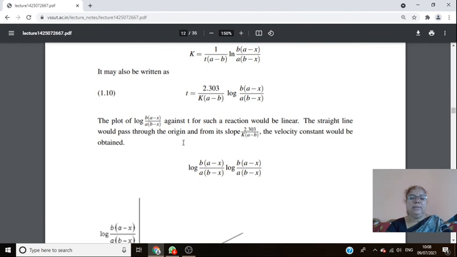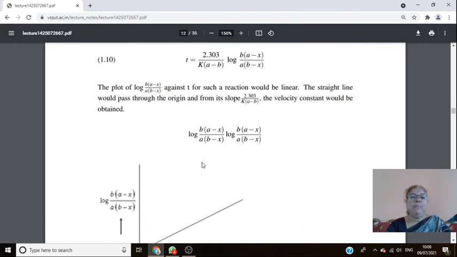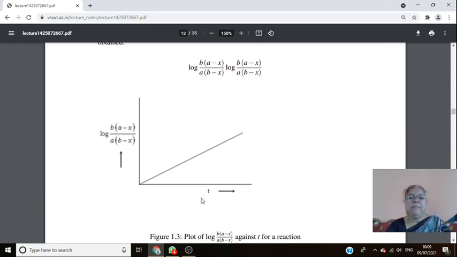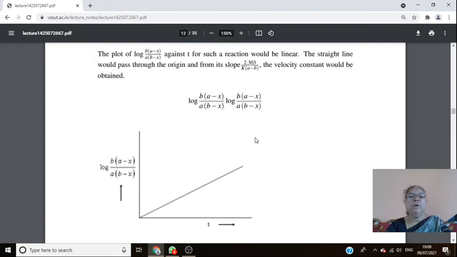Remember, for the graphical representation, by plotting the graph of log of B (A minus x) upon A (B minus x) on the y-axis and the time values on the x-axis, we have a straight line graph. The slope is k (A minus B) upon 2.303.